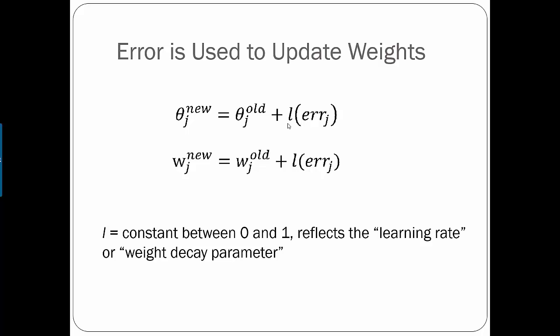So there are positives and negatives. Typically you'll start with a small L value, maybe somewhere like 0.01 or 0.02. And there are some adaptive techniques where L changes, depending upon how well the algorithm is doing.